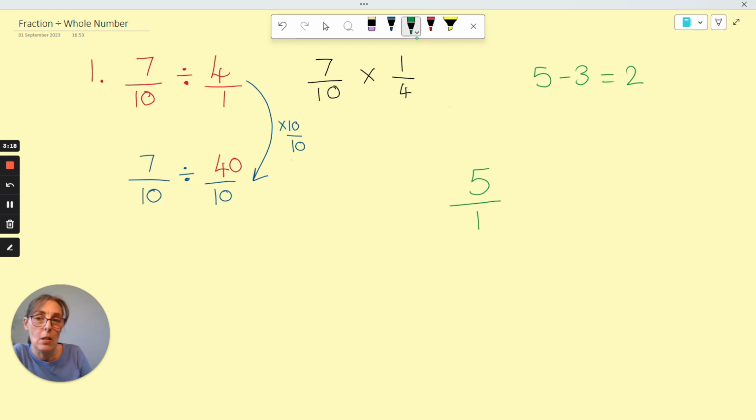In this situation, because both fractions have 10 underneath, they're the same. So you don't have to worry about the bottom. You just have to worry about the top. All right, so you've got 7/10 divided by 40/10, which is the same as saying 7 divided by 40. And you know that line is the same as saying 7 divided by 40.